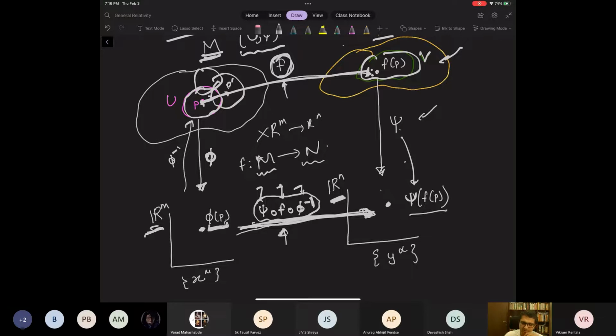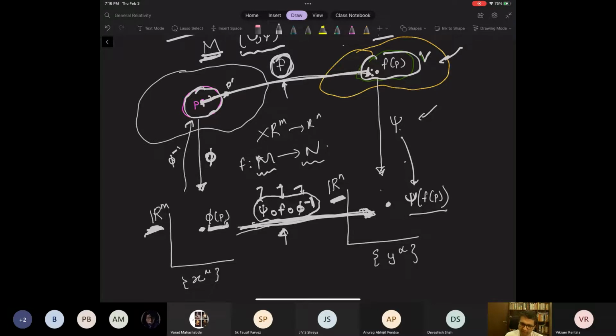Even though we define this using local coordinates, since the coordinates are smooth across the entire manifold M, we will be able to define a notion of differentiability which works over the entire manifold M, not just in one coordinate patch. That is the basic idea of how we will define differentiability.